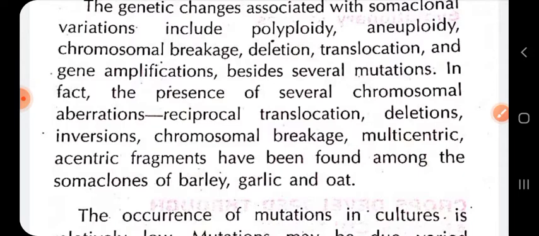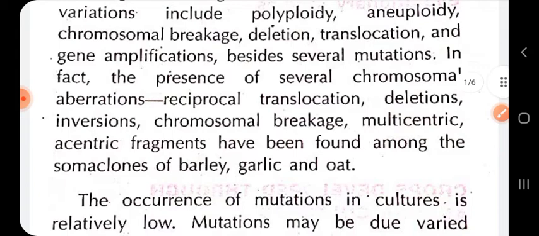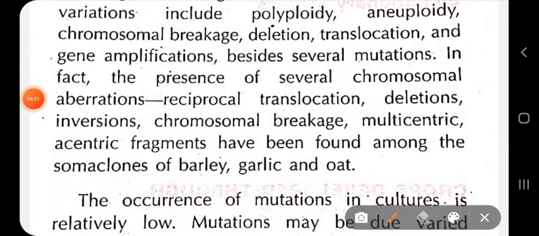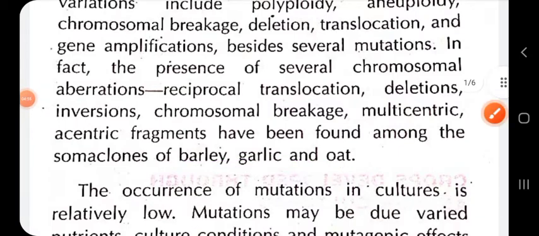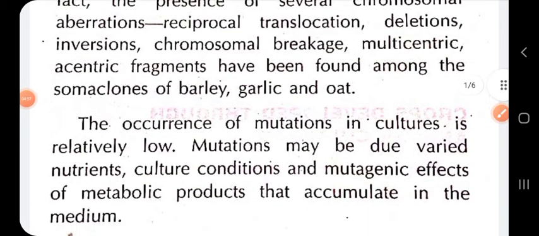Chromosomal breakage, inversions, and multicentric and acentric fragments have been found among the somaclones of barley, garlic, and oat. So these types of events have been observed in these plants, barley, garlic, and oat, and found to be variations.